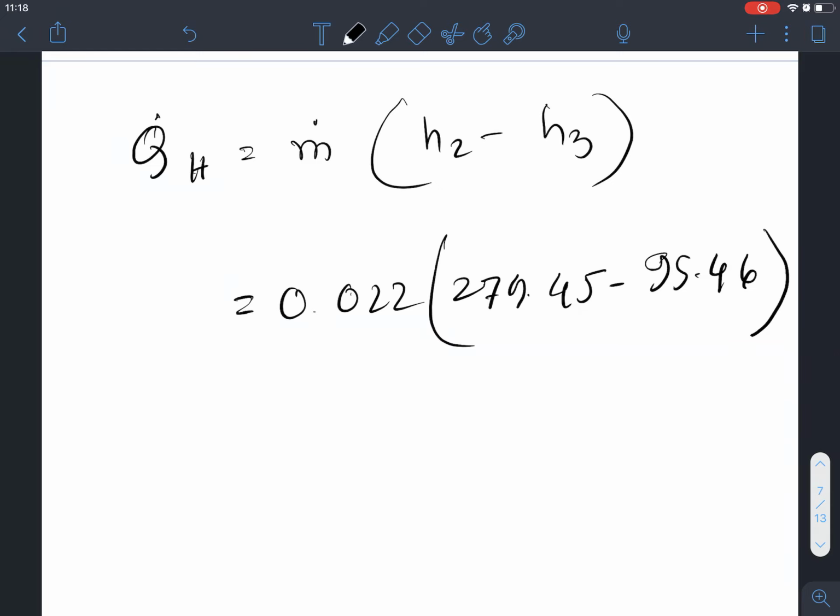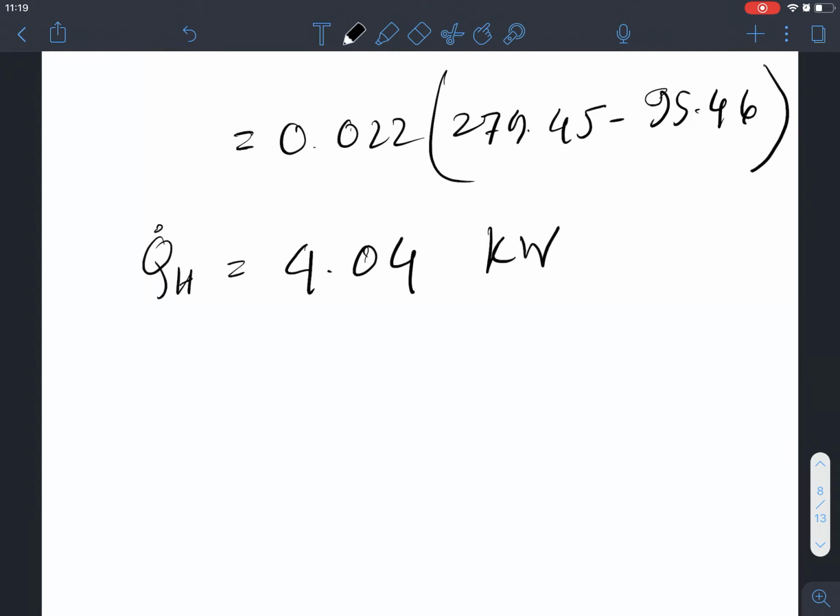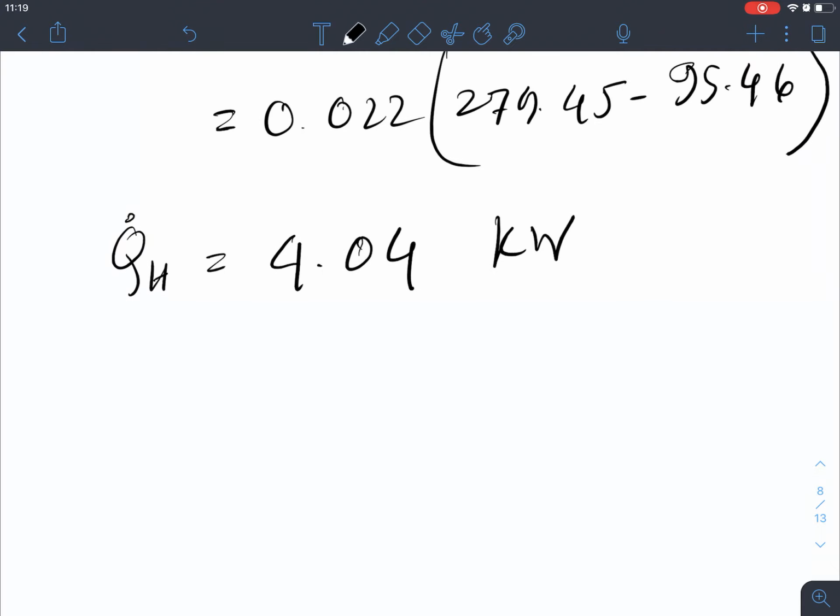Okay, so the QH would be 0.022 times 279.45 minus 95.46, 4.04 kilowatt.